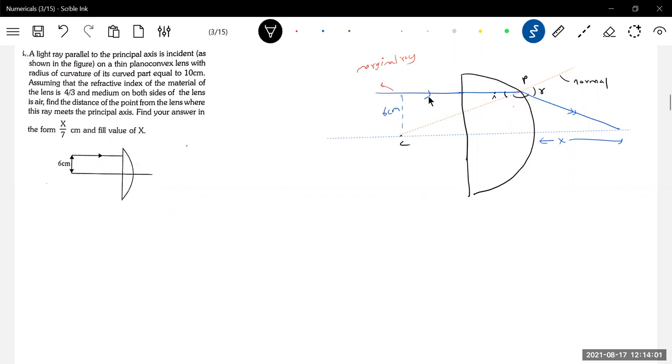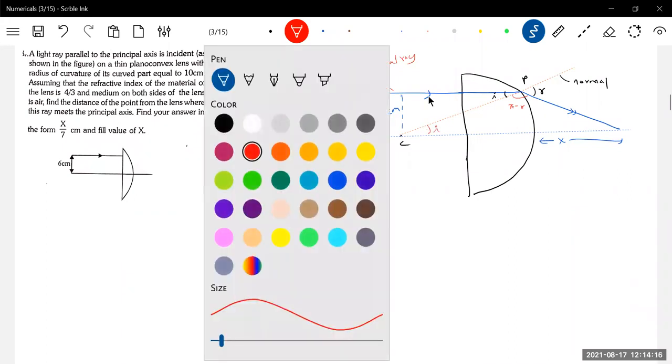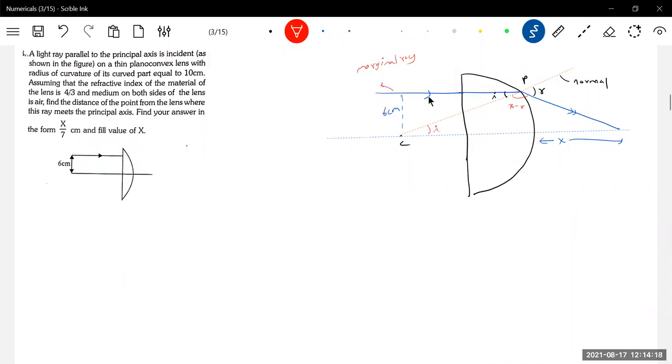This angle should be pi minus r. This angle should be I. This angle will be r minus I.